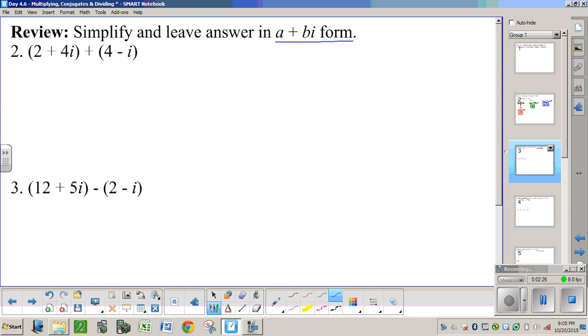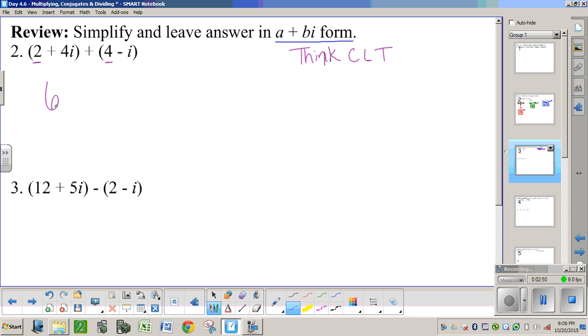So for number 2, when you're adding these two binomials together, what you're looking at is combining like terms. Anytime you're adding your imaginary numbers and your real numbers together, just think combine like terms, CLT. My real values are 2 and 4, so I can add those together.